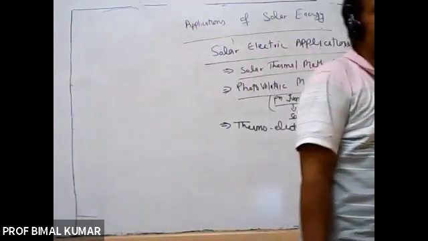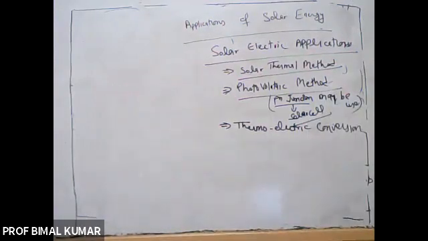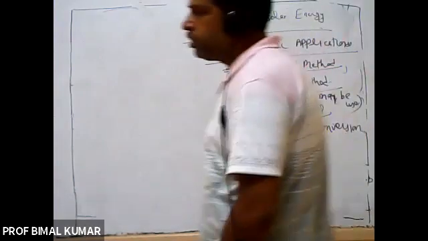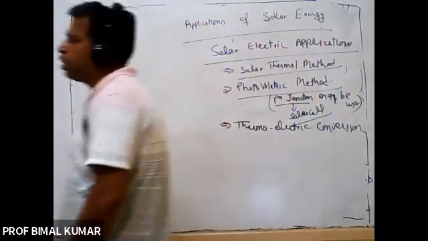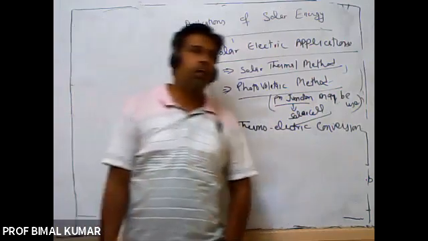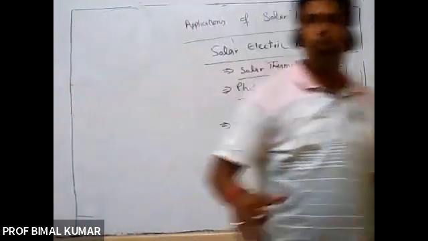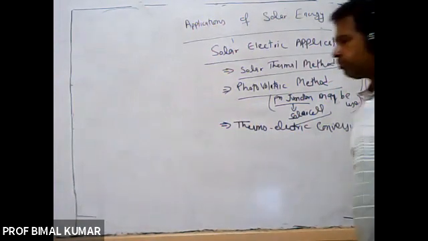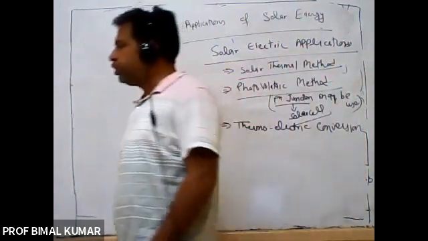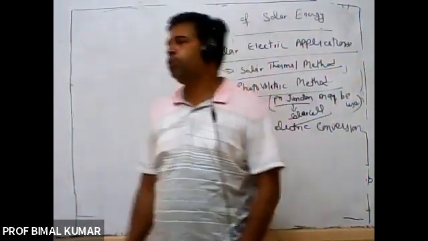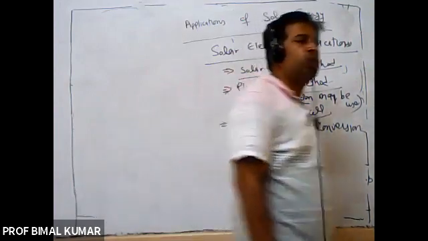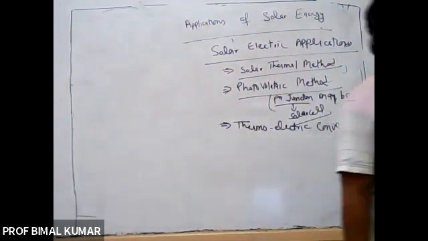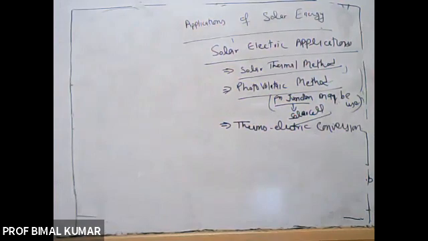Such as in the case of the Seebeck effect, there are two different junctions. One is kept at a high temperature, and the second is kept cool, that means at a low temperature. Depending upon the temperature difference between the two junctions, there may be production of electricity, or you may say production of electrical energy.